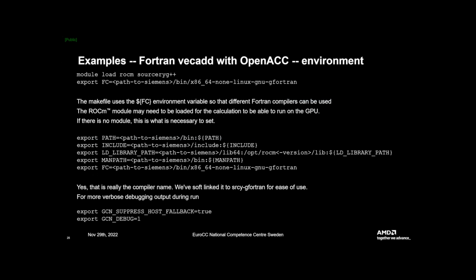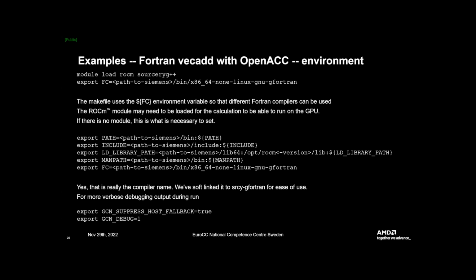Now, they have a very long name for the Fortran compiler. ACP has renamed it to just gfortran with a soft link. Other places have done something similar. But that's what you do, and then you just use that makefile and run the code.